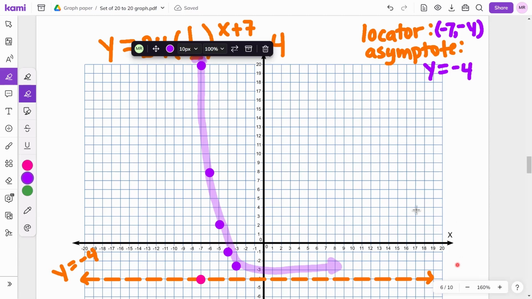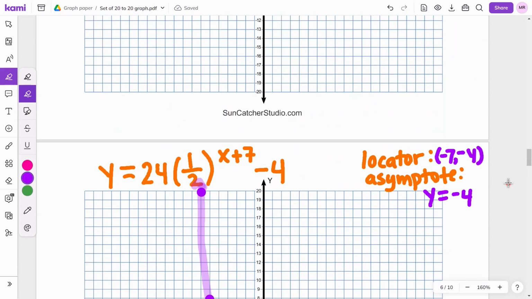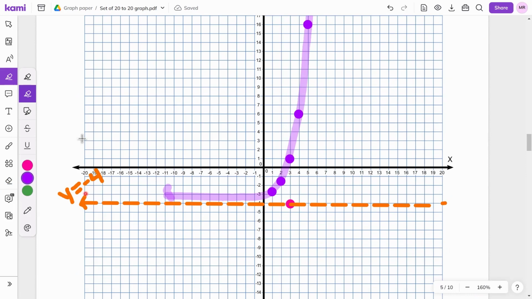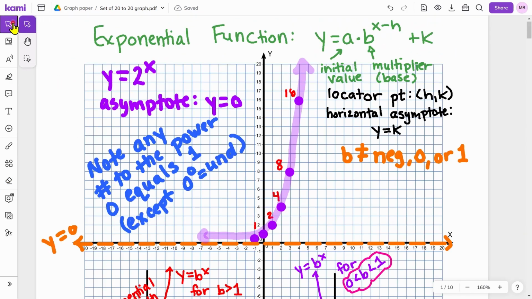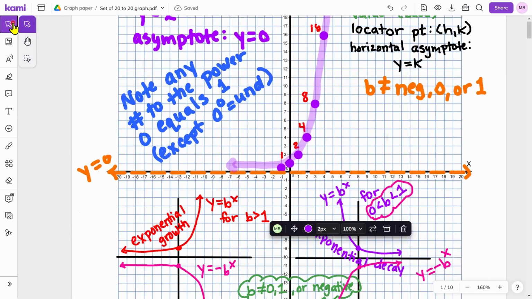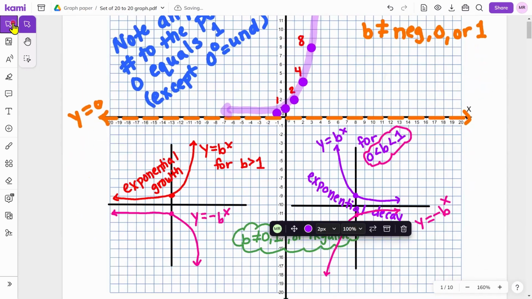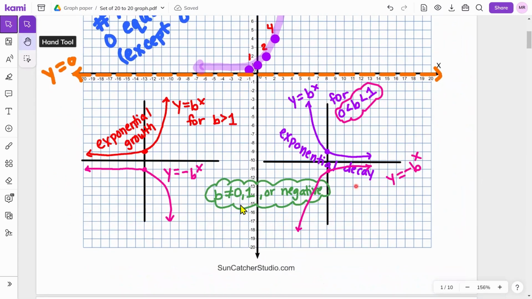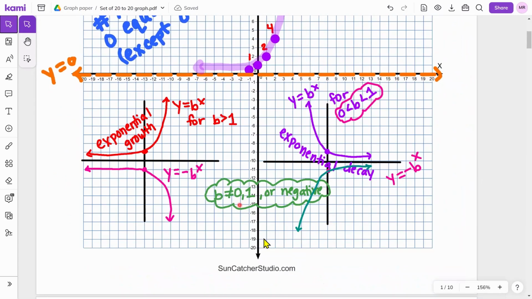So hopefully that helps you out with exponentials. Just remember that our bases cannot be 0, 1, or a negative.